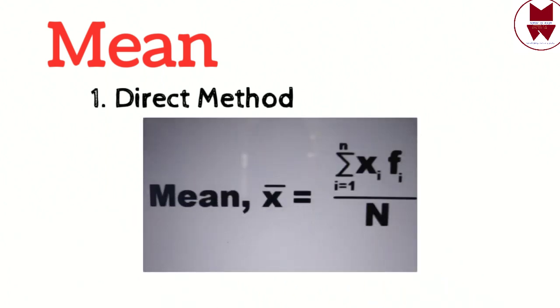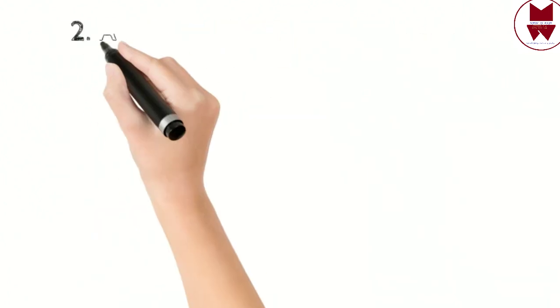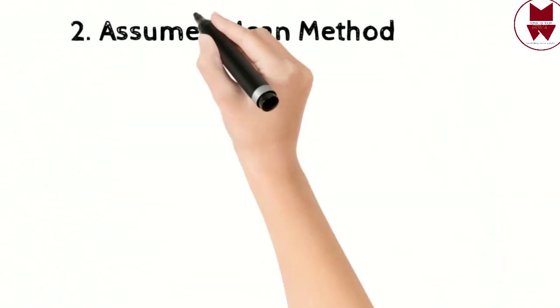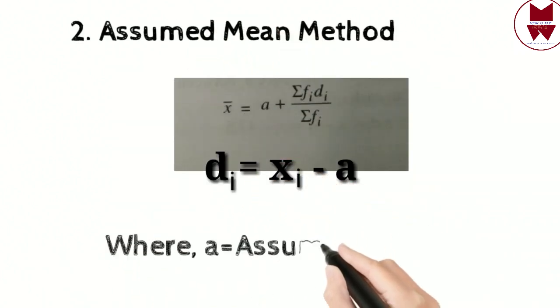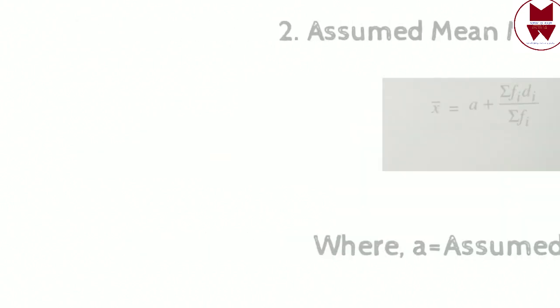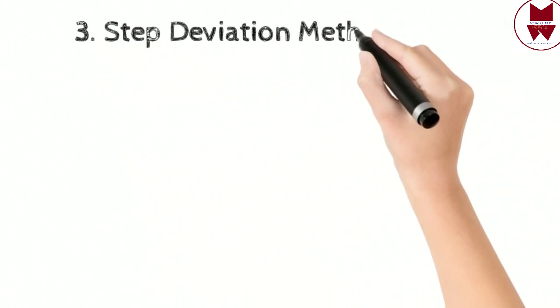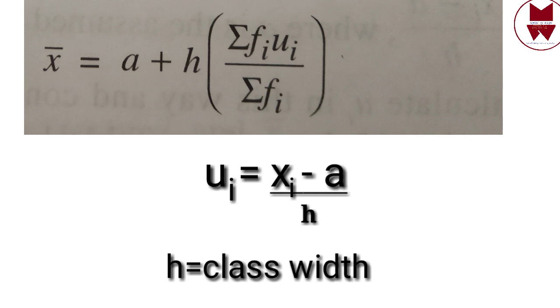Direct method: this is the formula for the direct method. Next, assumed mean method: you can see here the formula for the assumed mean method. Next, step deviation method: this is the formula for the step deviation method. Here, ui means xi minus a divided by h. A is the assumed mean, h equals the class width.